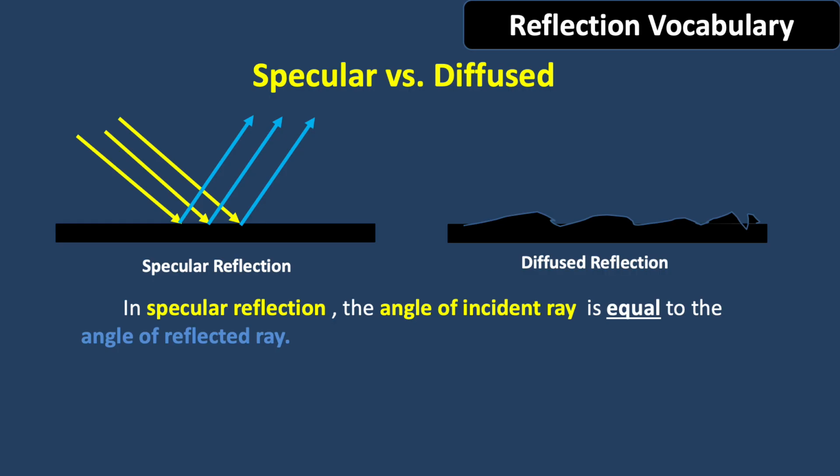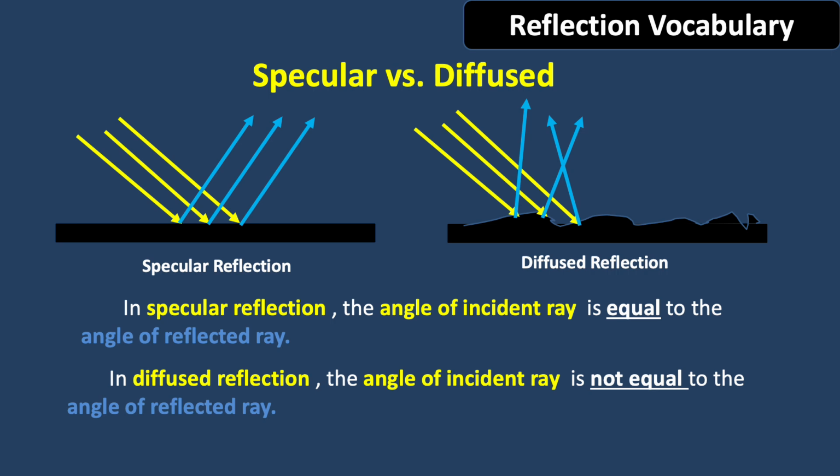Diffuse reflection, on the other hand, produces images created by light scattering off a rough surface, such as paper or clothing, where rays bounce off in many different directions and do not form a sharp single image. In diffuse reflection, the angle of the incident ray is not equal to the angle of the reflected ray.